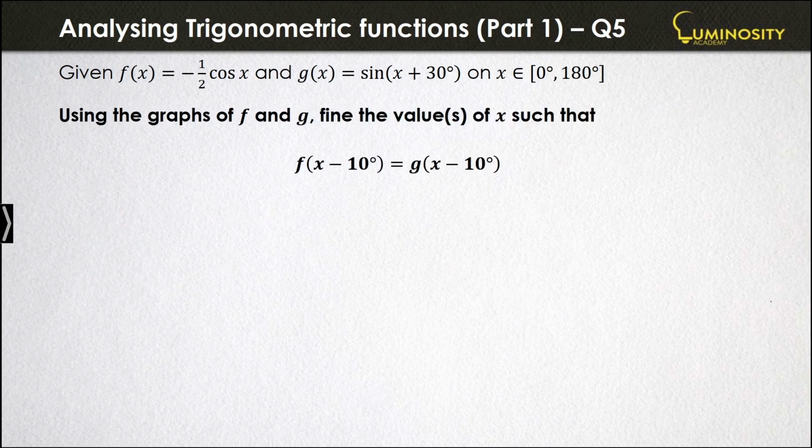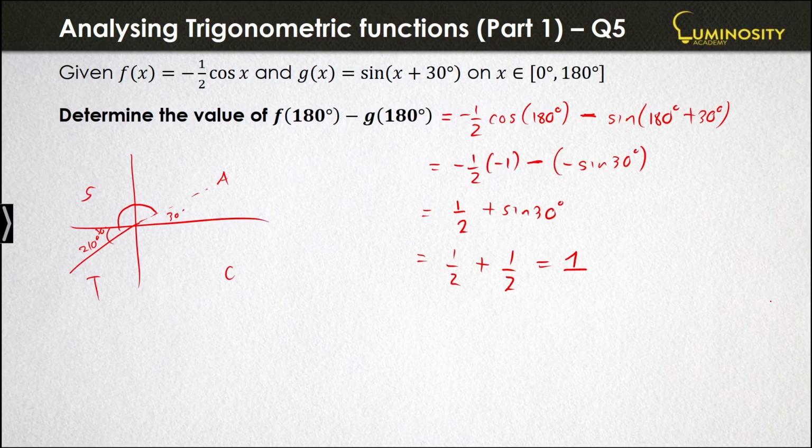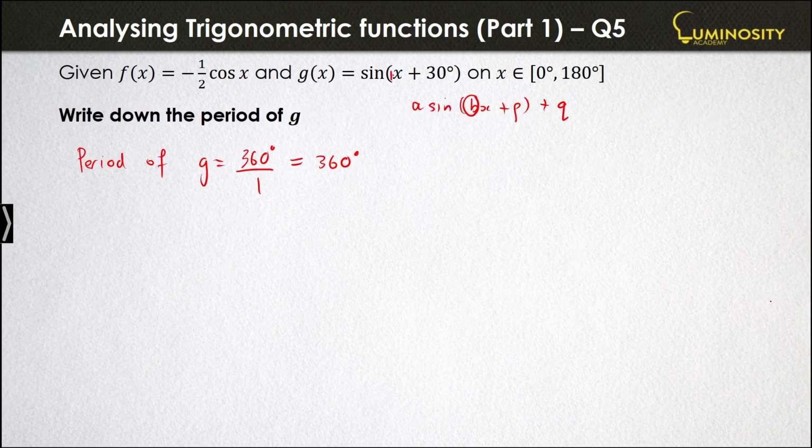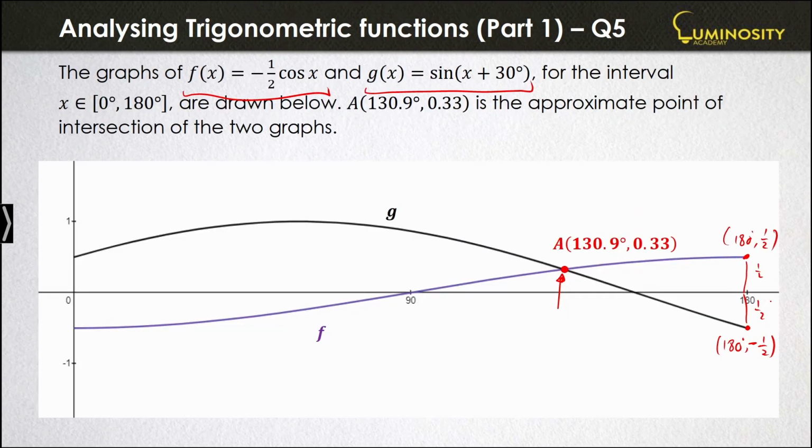Use the graphs of f and g to find the values of x such that f of x minus 10 degrees equals g of x minus 10 degrees. If we go back here, what's actually happening when we do that? Well, f of x minus 10 degrees means you take the entire graph f and shift it to the right by 10 degrees.